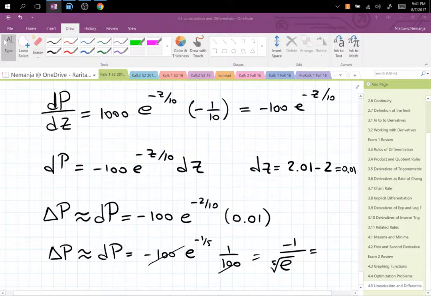Where did the 1 come from? If that's chain rule, where did the 1 come from? Because the derivative of z is 1. So negative z is negative 1 over 10. If there was no z there, it would be a 0 in a chain rule because it would be constant.